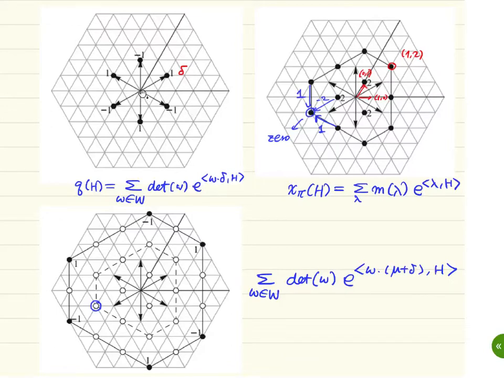That direction is delta with a minus sign. So this is minus. And this can also be obtained from this vector by going in this direction. That is plus. Also, it can be reached from this by going in this direction, which is plus. But of course, we have to have this multiplicity. So this has multiplicity 2.